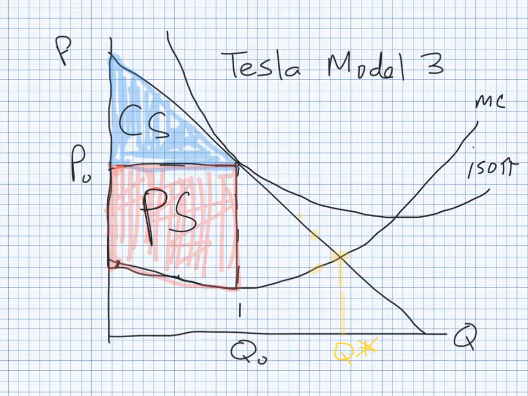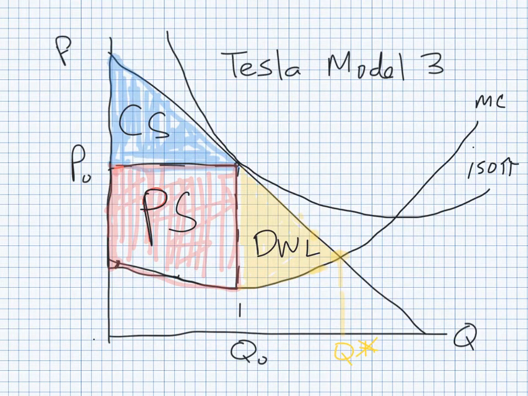So we didn't get there, and in fact, total surplus is smaller than the best it could possibly be by this amount that I'm shading in yellow, the area of the maximum possible total surplus that didn't get realized. So we'd call this deadweight loss. And we call it loss because it's surplus that nobody in society got.